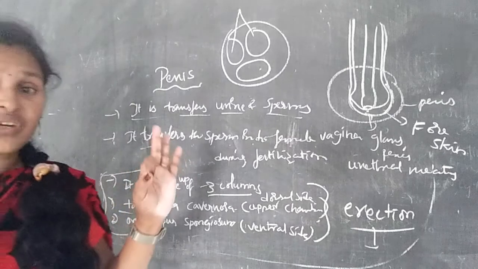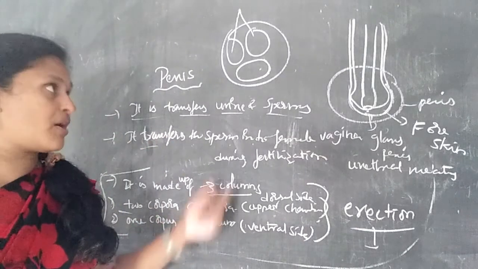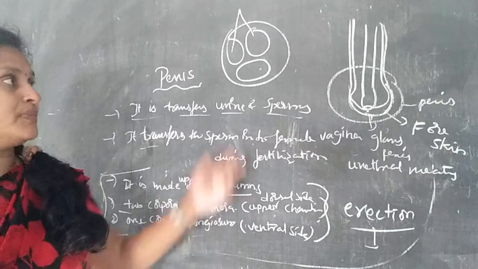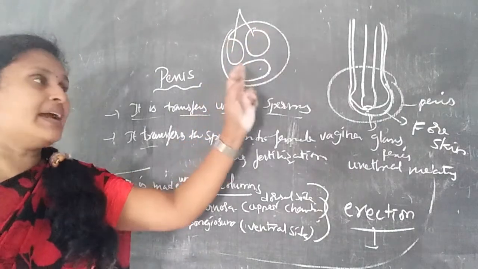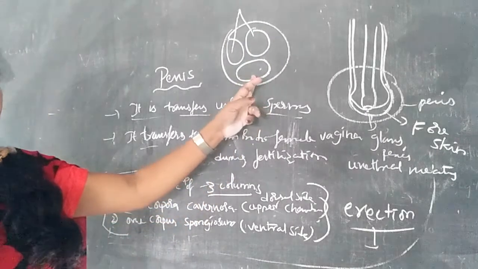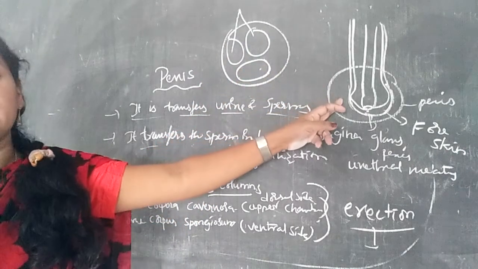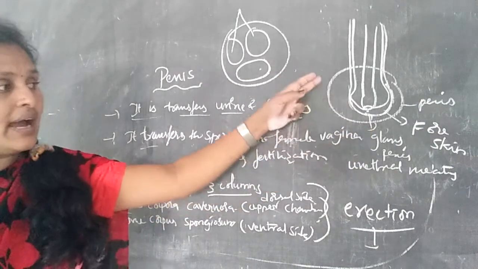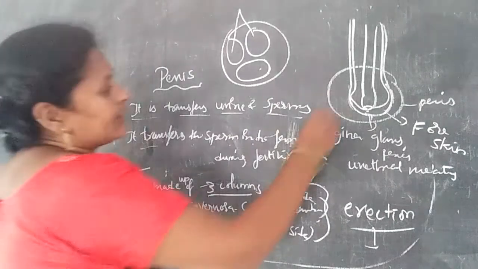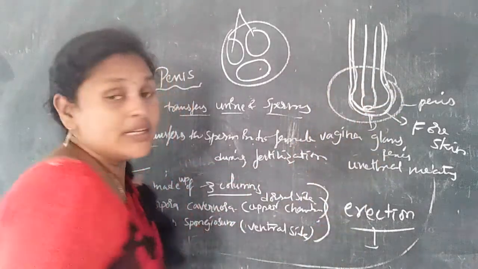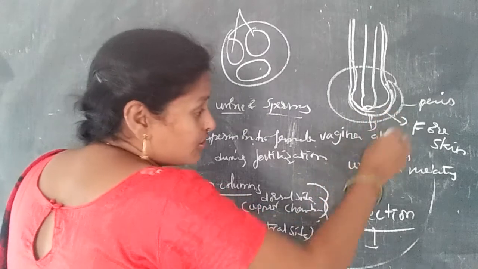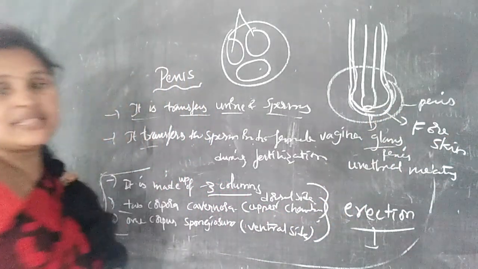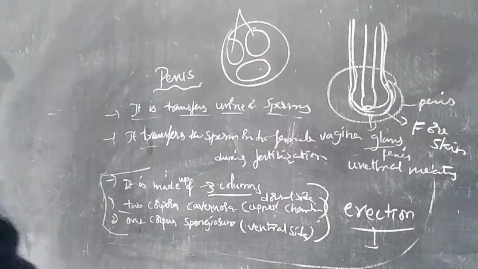It is made up of mainly 3 columns: 2 corpora cavernosa, which are the upper columns on the dorsal side, and one corpus spongiosum on the ventral side. The penis is also covered by a layer of skin, the foreskin. It is a transparent organ, so it is also called the glans penis. So that is the structure of the penis.